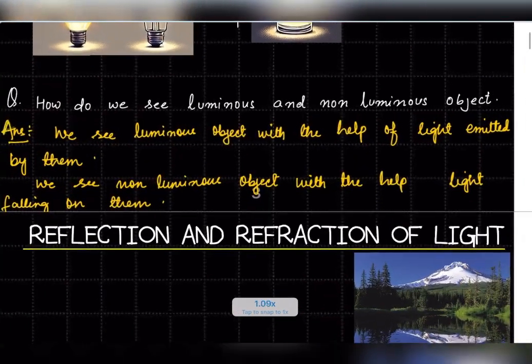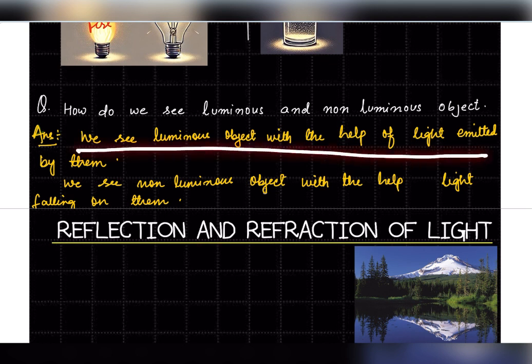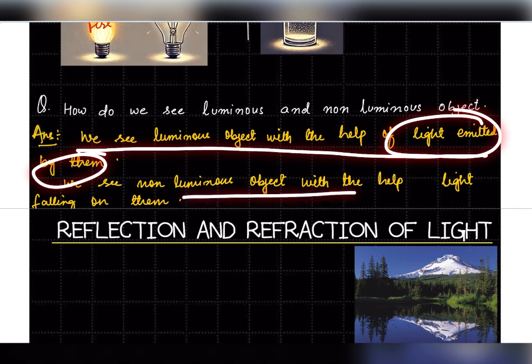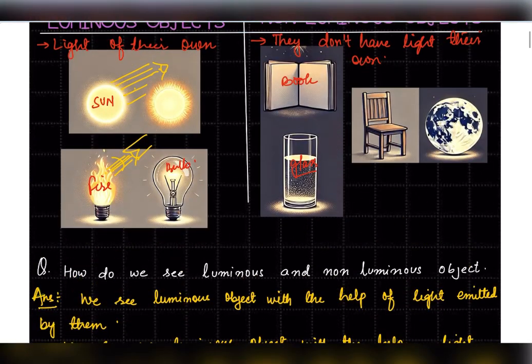So in our answer, there are two kinds of objects: luminous and non-luminous. We see luminous objects with the help of light emitted by them. And what about non-luminous objects? We see the chair with the help of light falling on it. We see the chair because light falls on it and reaches our eyes. We see the sun because light reaches us directly from the sun. Are you understanding the difference?